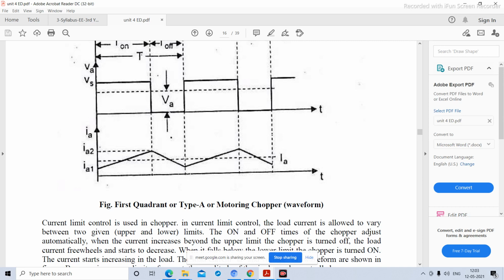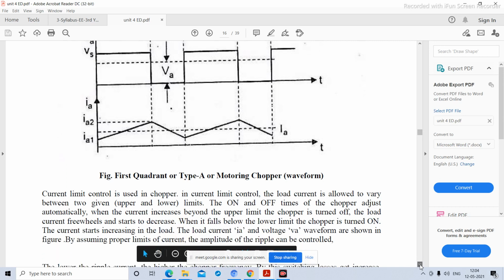In current limit control, the load current is allowed to vary between two given limits, the lower limit IA1 and the upper limit IA2. The T on and T off times of the chopper adjust automatically. The chopper is designed in such a manner that during the T on period the current increases from IA1 to IA2, and decreases from IA2 to IA1 during the T off period.